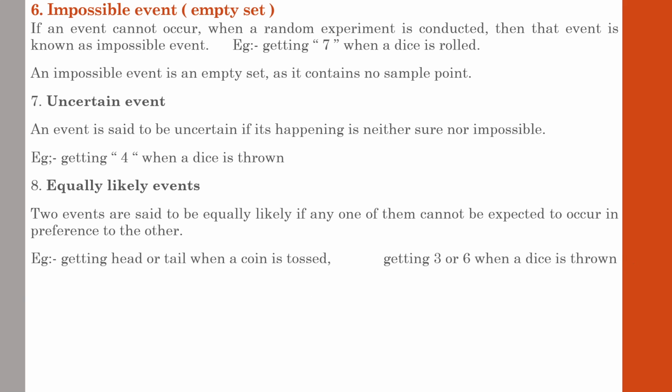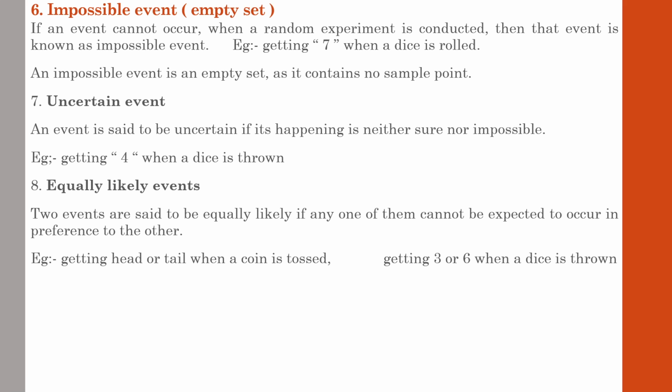For example, getting head or tail when a coin is tossed. We know that if a coin is tossed, you may get a head or a tail. You have an equal chance of getting either of these two events. One of these events will happen. That is known as an equally likely event.